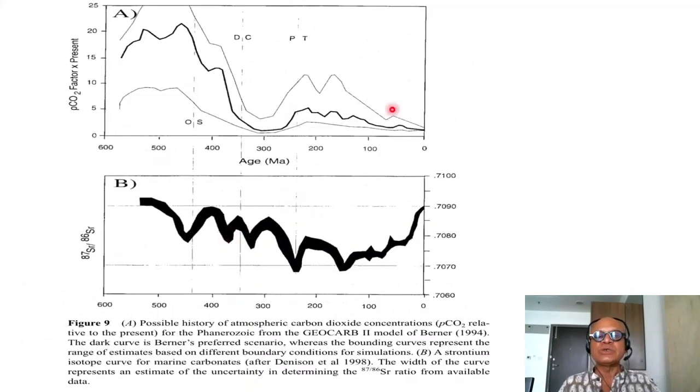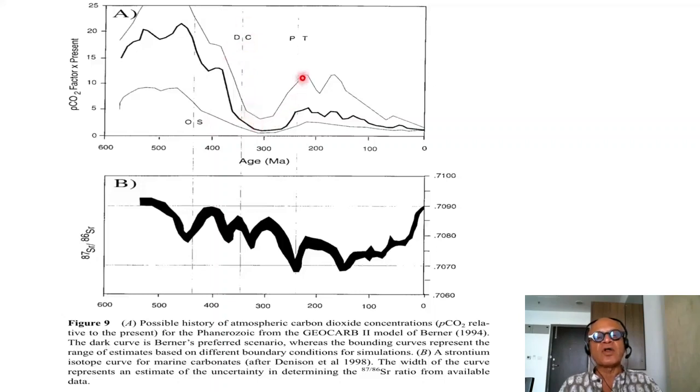Just to raise a challenge, this is from a model that does long-term carbon cycle, going from 600 million years ago to the present, and you are looking at estimates of partial pressure of carbon as a factor of the present levels. Obviously, we have had very high carbon in the atmosphere in the past, which dropped off during the evolution of photosynthetic vascular plants, Devonian, Carboniferous, where lots of coal got formed and buried.